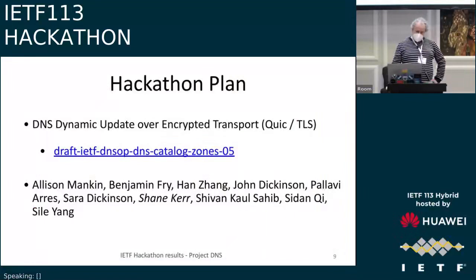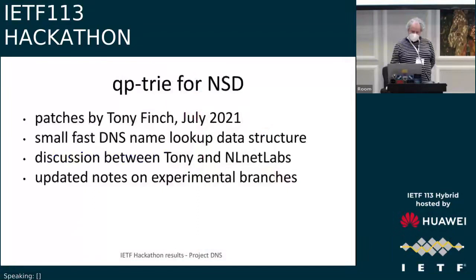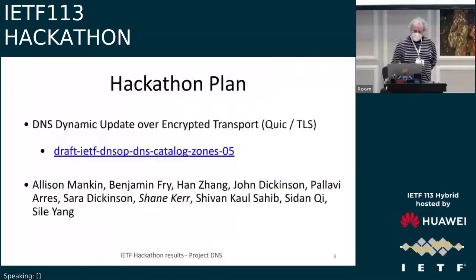And then finally, well, that's not completely correct, I think. Oh. Well, there was a dynamic update over encrypted transport. Unfortunately, the slide is not correct, but it doesn't really matter.